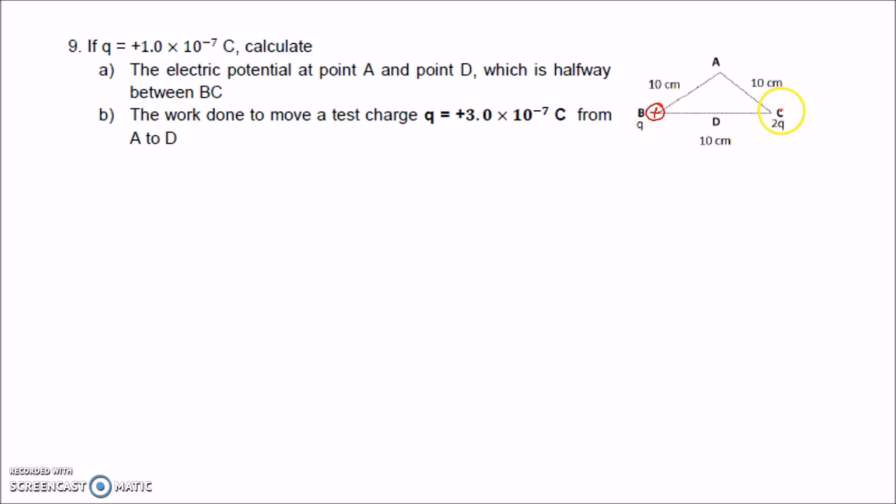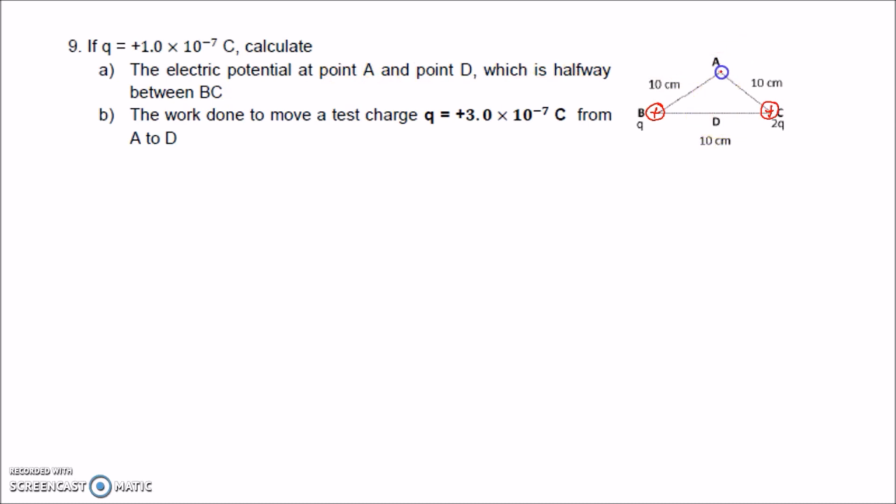Meanwhile, at point C, there is also a positive charge, which is 2Q. So Q is 1 times 10 to the power of negative 7. For point C, there is a positive charge of 2Q, 2 times 1 times 10 to the power of negative 7. Find the electric potential at point A and point D, which is halfway between B and C.